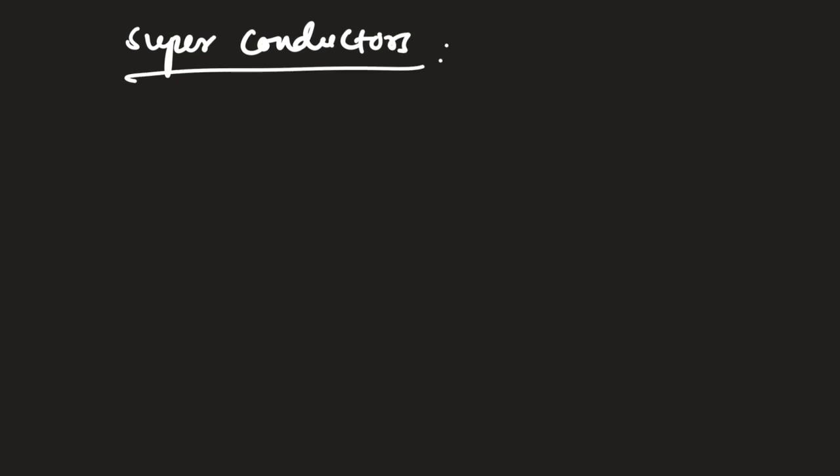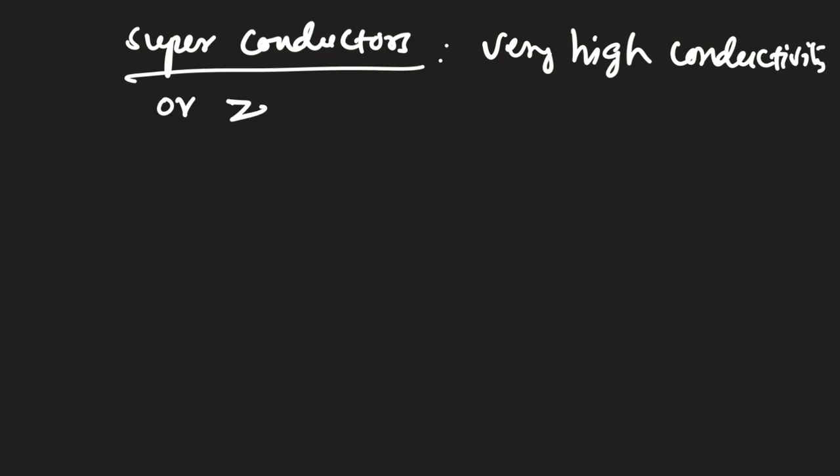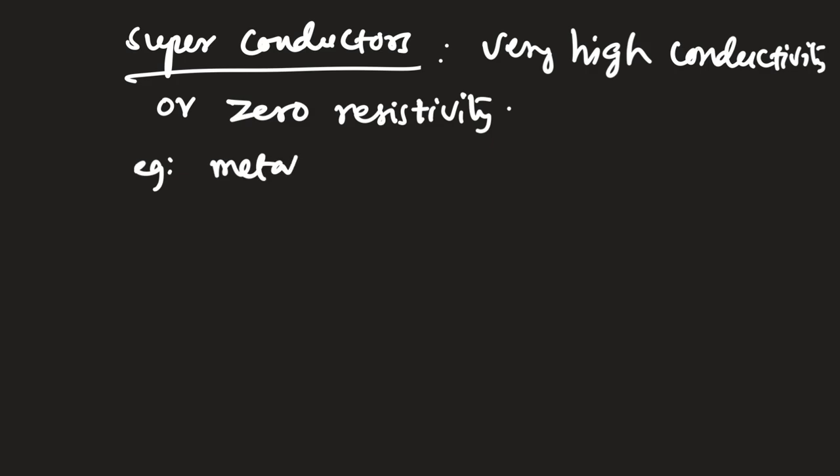Next, superconductors. Superconductors have very high conductivity or zero resistivity. Such substances are called superconductors. Example, some metals and their alloys.